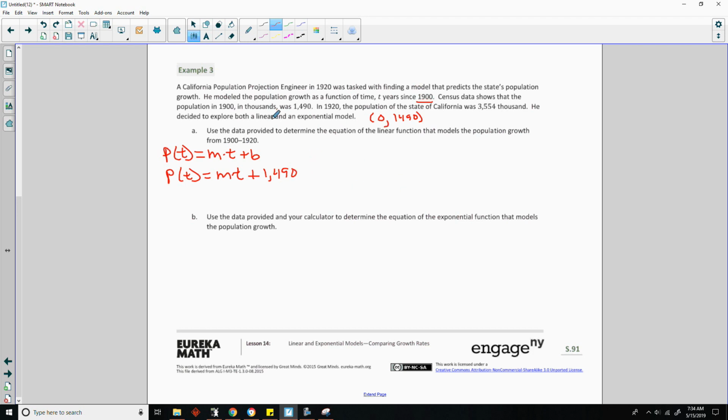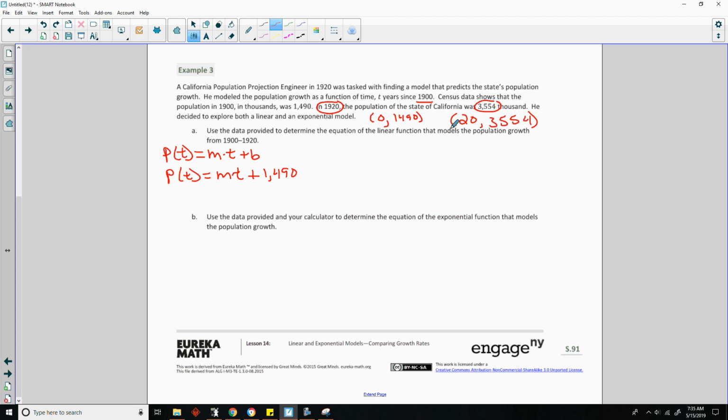And then I have another point from the year 1920. Well, how many years is 1920 from 1900? It's 20. So that is the point 20, comma, and our population then is 3,554 thousands. So there's my t, and there is my P of t.